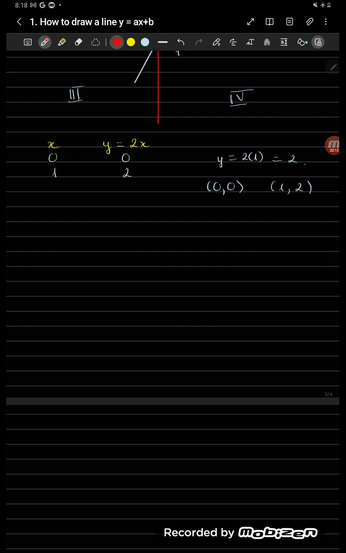Okay, so let's go to another case. If we have y equal to ax and a smaller than 0.